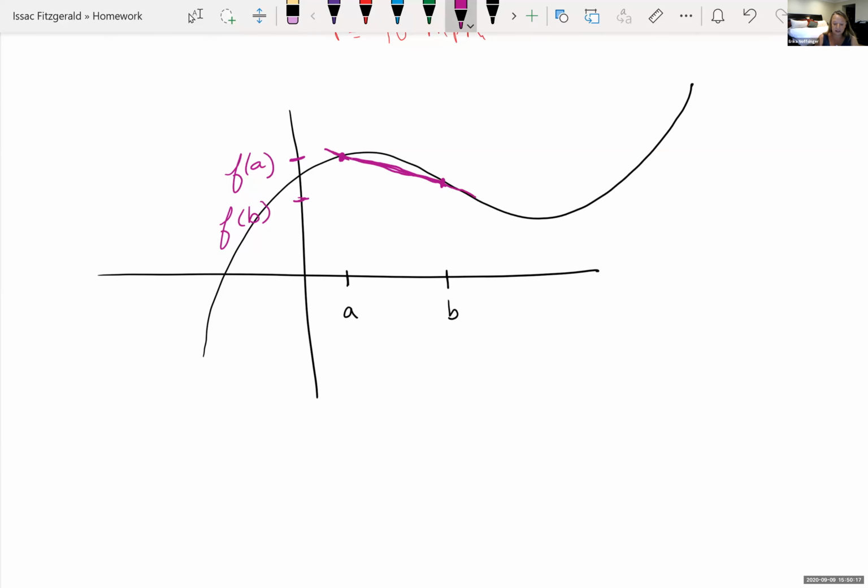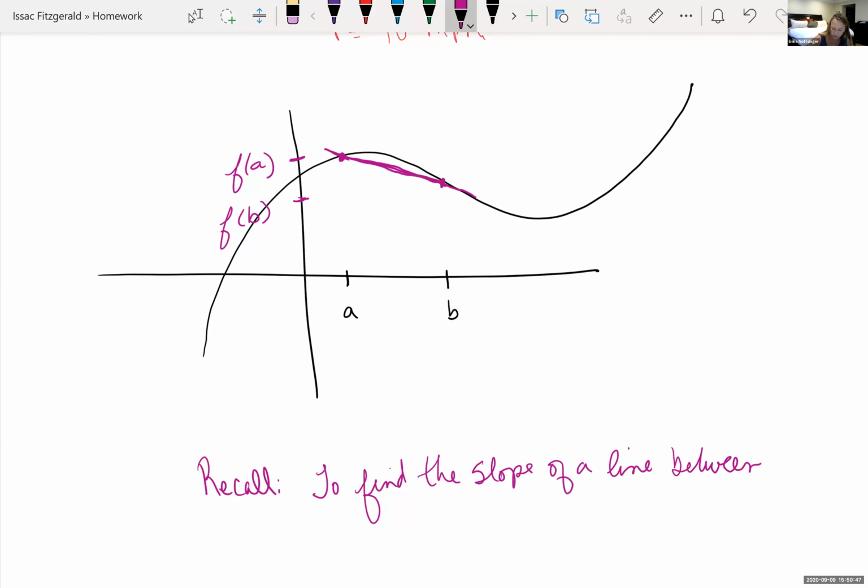So recall, to find the slope of a line between 2 points, in this case I'm just going to call them what my 2 points are here.